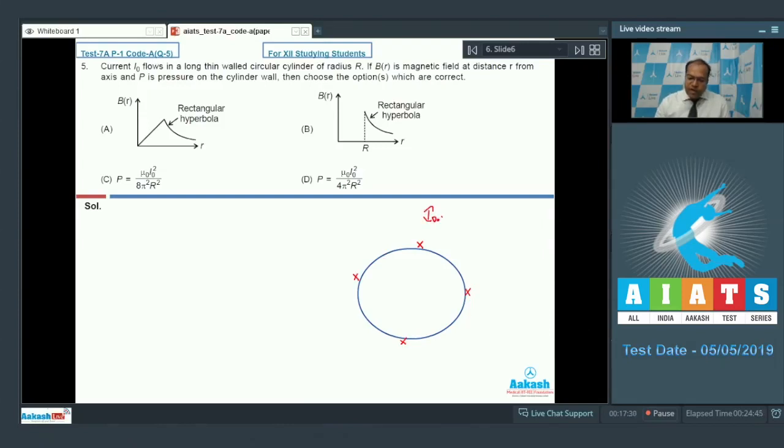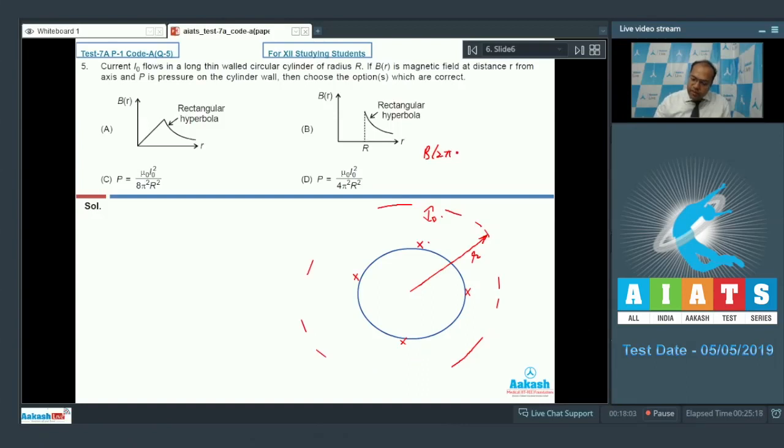Now if I calculate the value of the magnetic field, then we know that since the current enclosed inside the cylindrical shell is 0, the magnetic field is 0. At the surface, if I apply Ampere's circuital law, or if I write it for an outside point, here I am considering a cylindrical region of radius R and applying Ampere's circuital law at this position.